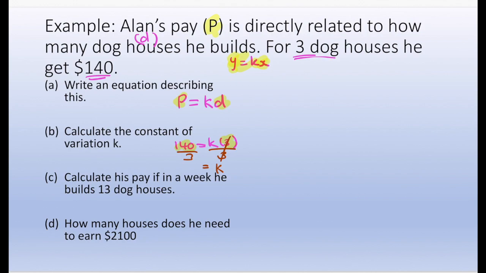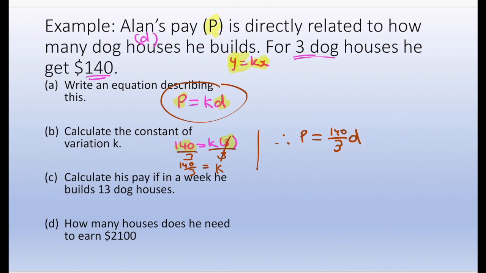Now that's not going to be a nice number. We get 140 over 3. We can't simplify it. But we'll just leave it as that. So therefore, we can rewrite this like this. P equals 140 over 3 D. All right.